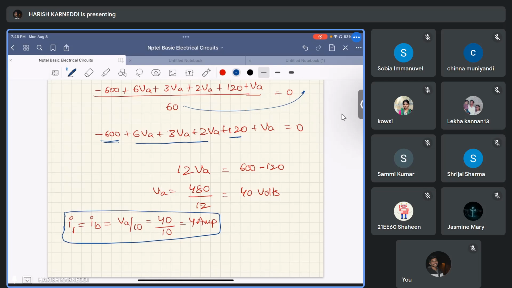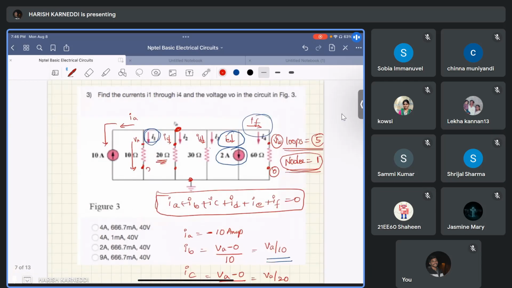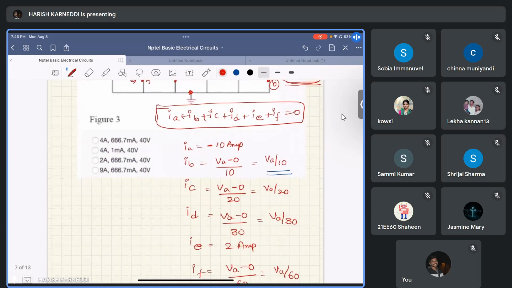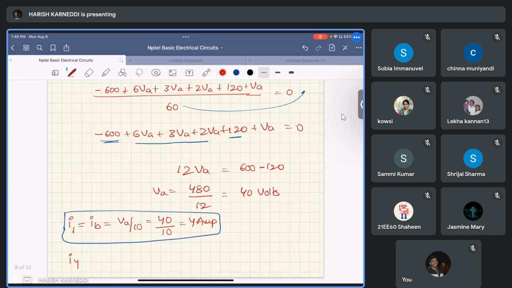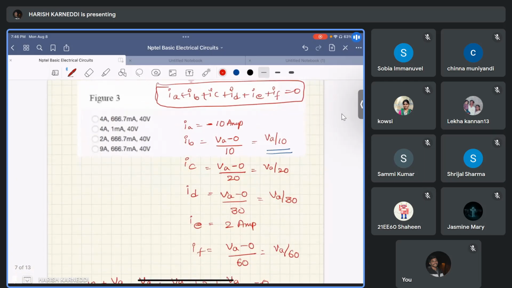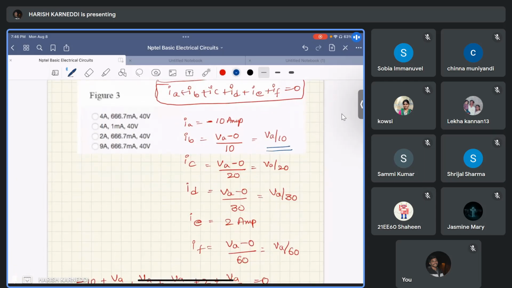Okay. And coming to I4, next one is I4. Find out I4. Where is I4? This is I4, equal to the current through the 60 ohms. We represented I4 with IF. What we identified here is IF equal to VA by 60, right?